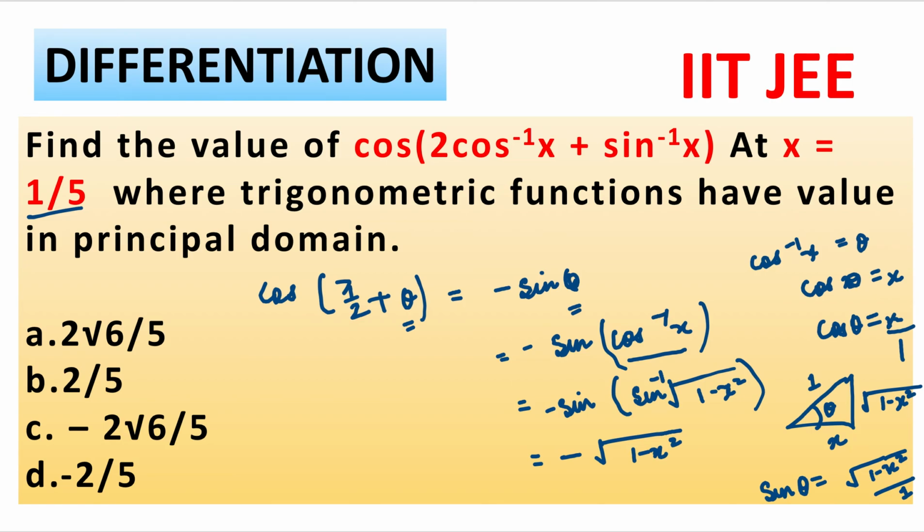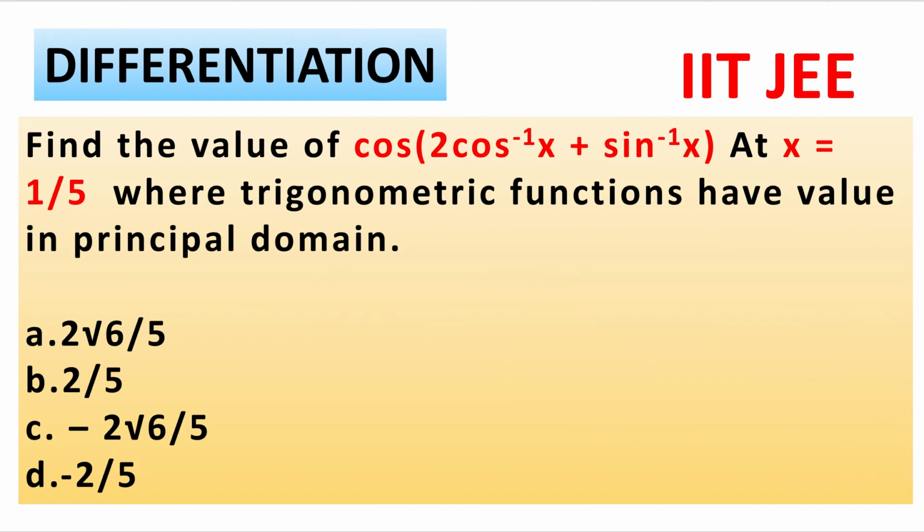So our answer is going to be minus of root of 1 minus x square, right? This was what we evaluated. So this value is going to be minus of root of 1 minus (1 by 5) whole square.